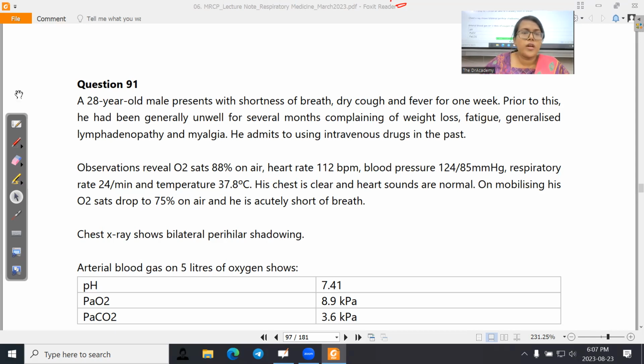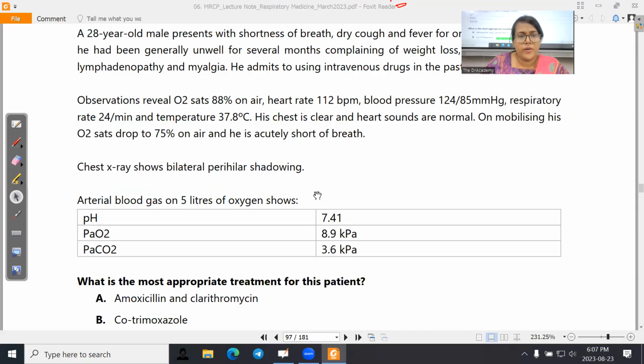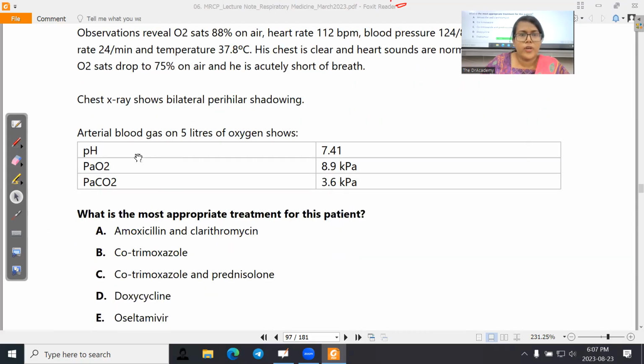Do you understand which type of pneumonia this stem is talking about? PCP? PCP, yes, very good. Okay. Now carry on. Read about the ABG carefully and then go for the most appropriate treatment.